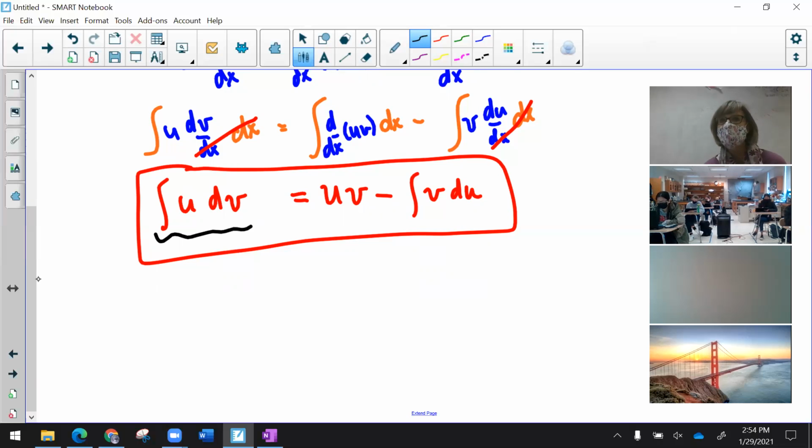Remember, the whole point here is to make the integral easier, into something that you can integrate by looking at it. I would strongly suggest, as I have for other things, that the next 25 times you use integration by parts, you write down this formula.